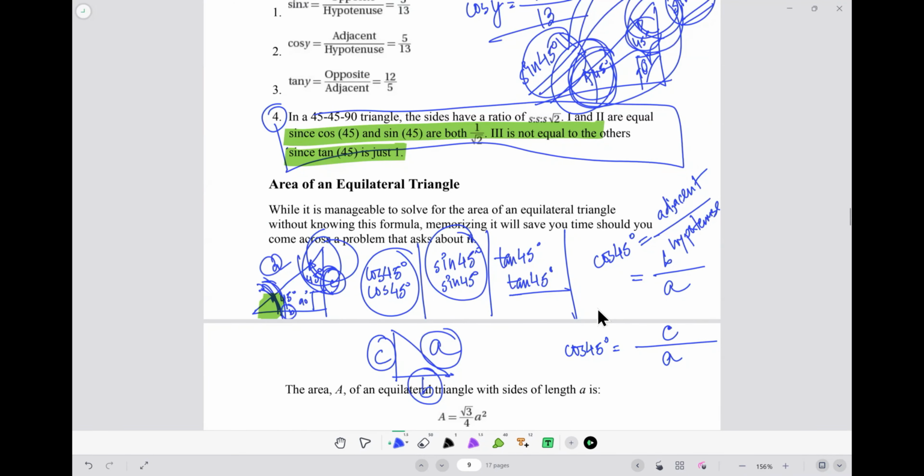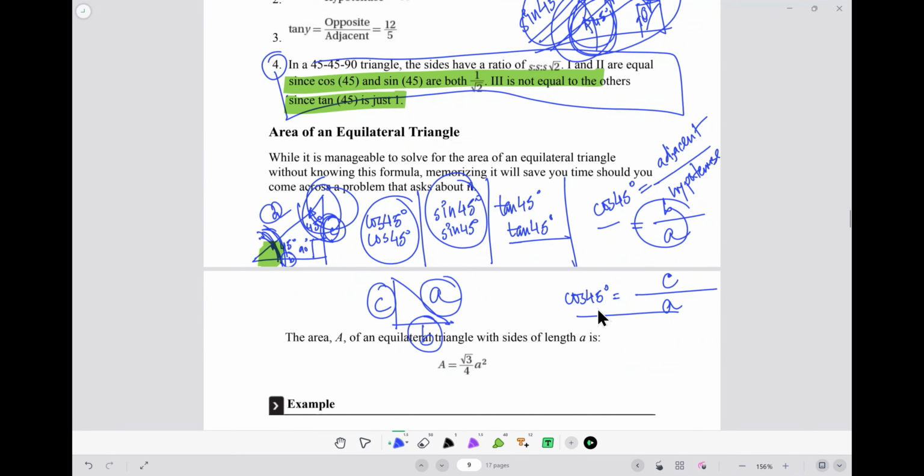Do you understand? Yeah. This cos 45 is C by A, and this cos 45 equals B by A. So they are not identical. Do you got it?